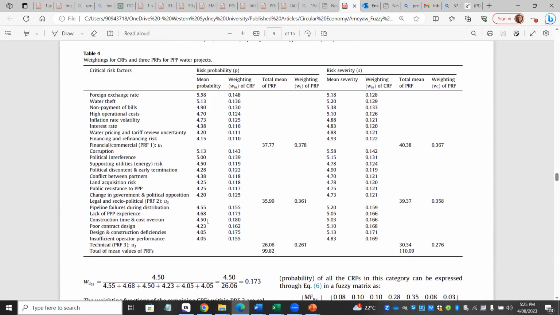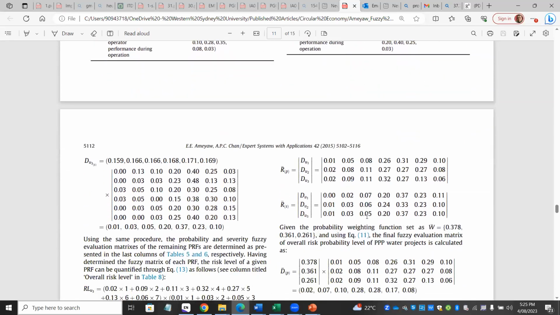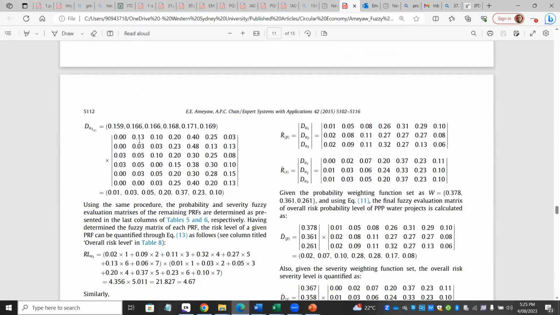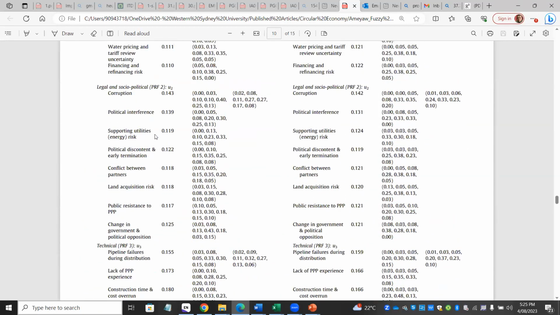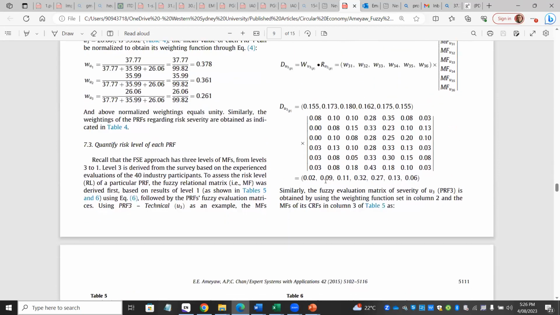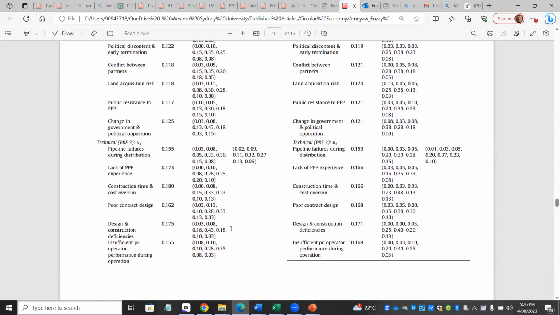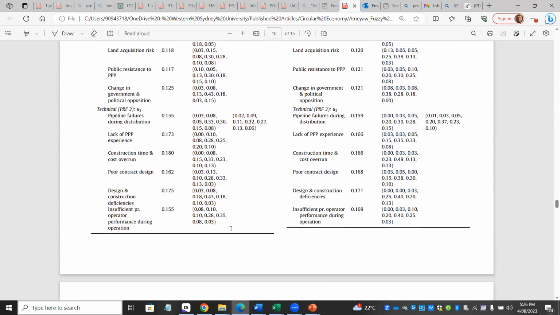So an example was presented on group 3. So this was the first one that we did, and this is the second one. Let me show you. So this is for severity, and the first one that we did is for probability of occurrence, and they have been shown in this table. So you can show them again in this table. I've also seen studies where people don't show them in the table. Once they just do the calculation, they end there.